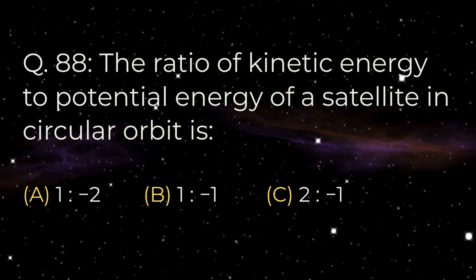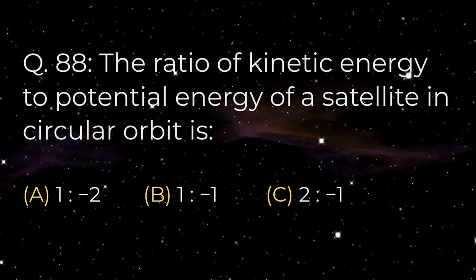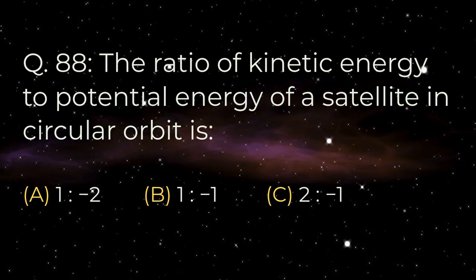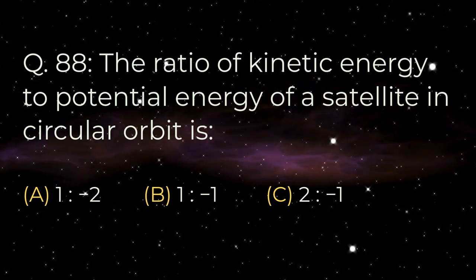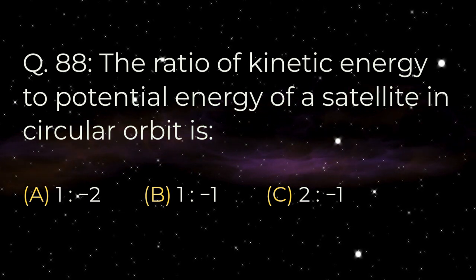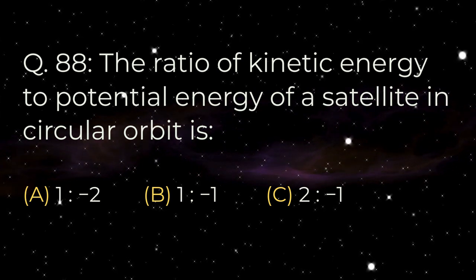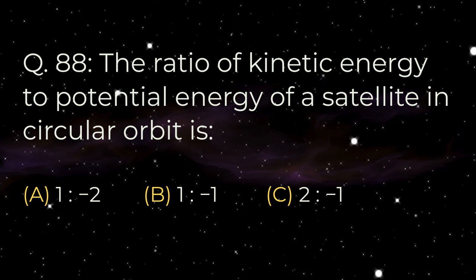The ratio of kinetic energy to gravitational potential energy of a satellite in circular orbit is: option A, 1 is to minus 2; option B, 1 is to minus 1; option C, 2 is to minus 1.